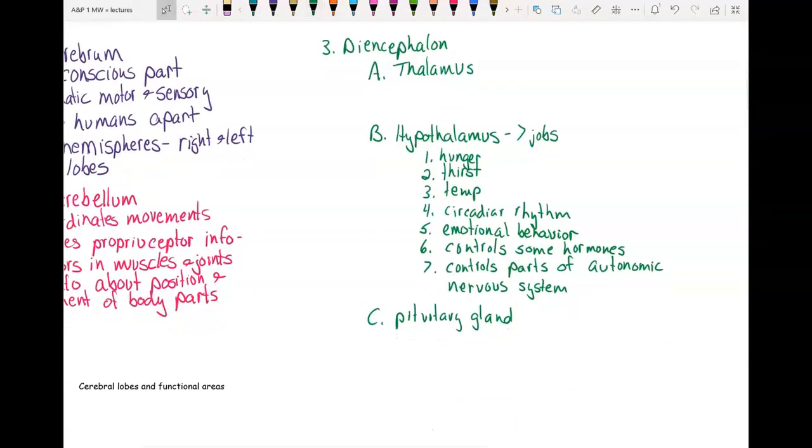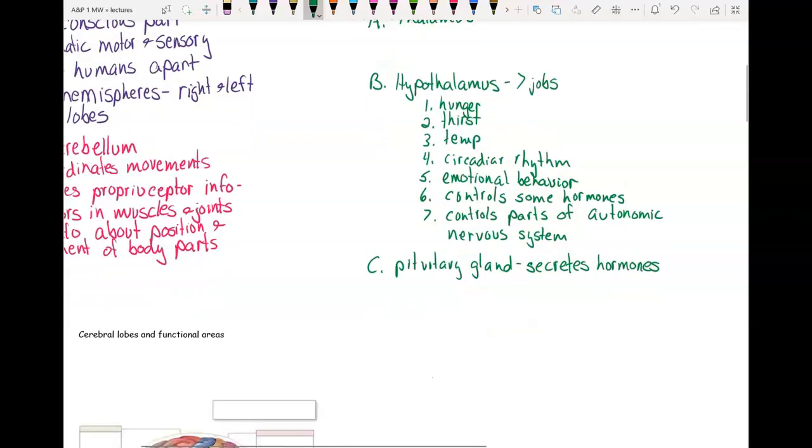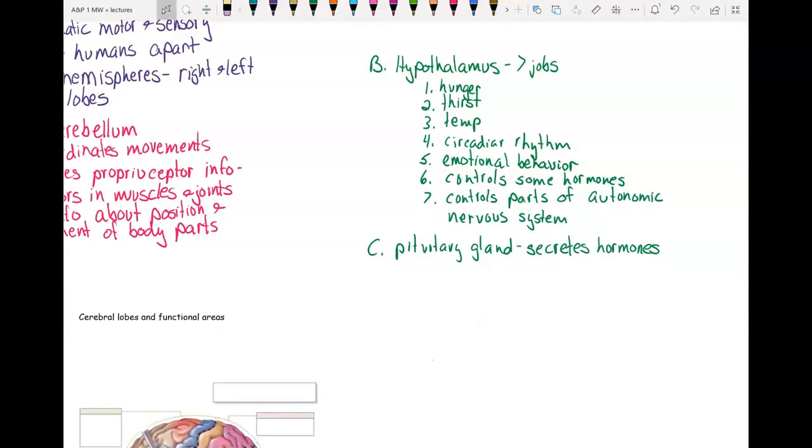The pituitary secretes hormones into your blood, and it does so under the control of the hypothalamus. So this goes along with that number 6 function of the hypothalamus. It controls everything that happens in the pituitary gland.